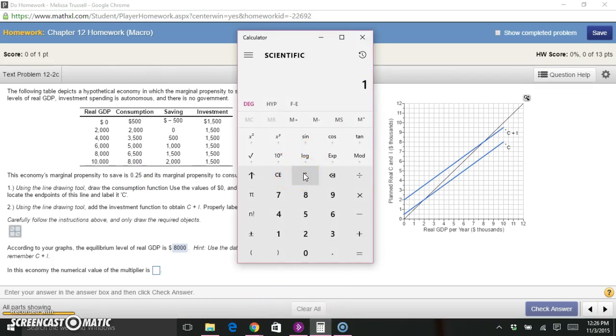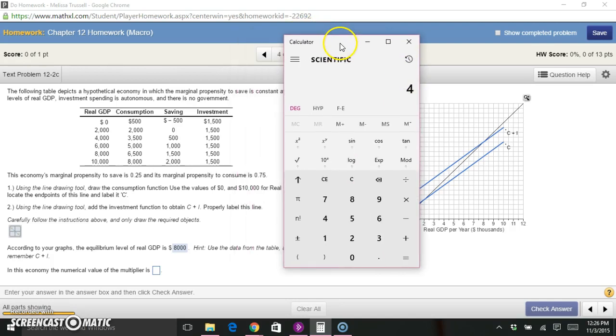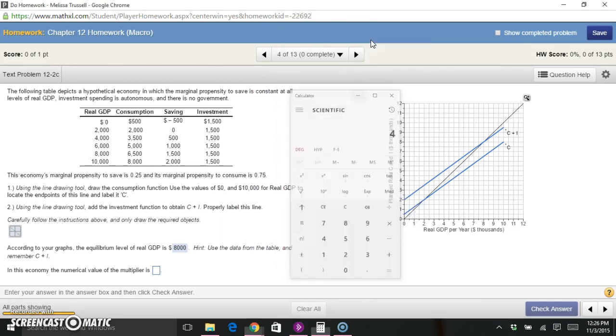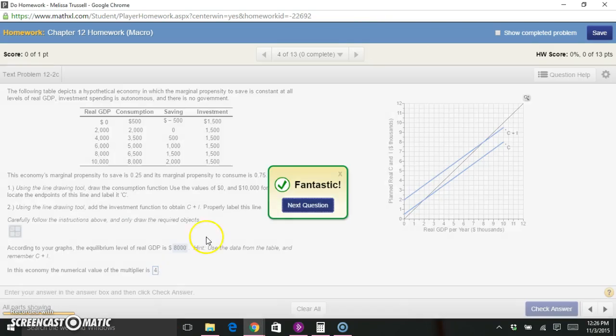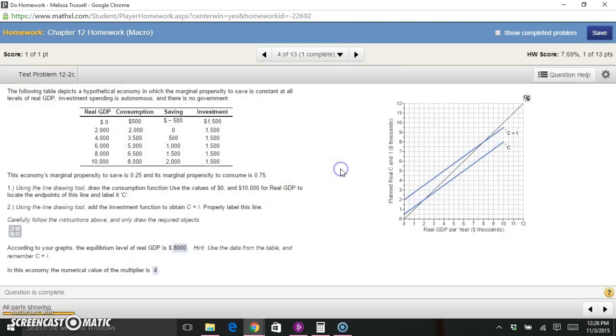I ask my calculator 1 divided by 0.25, and I find out that that's 4. So the multiplier for this economy is 1 divided by the marginal propensity to save, which in this case is 1 over 0.25, which is 4. And we're good. Let me know if you have any more questions about this, and I'll be happy to help.